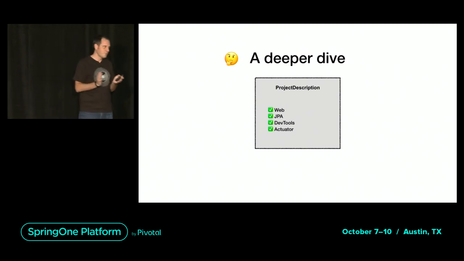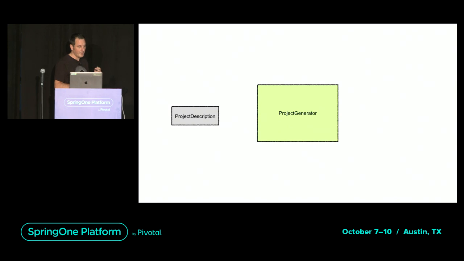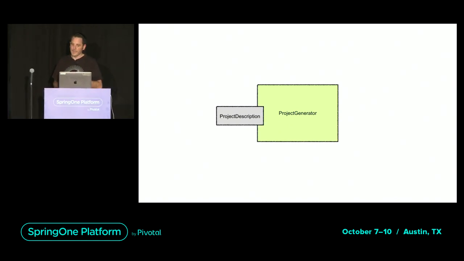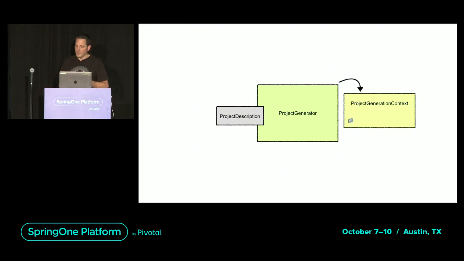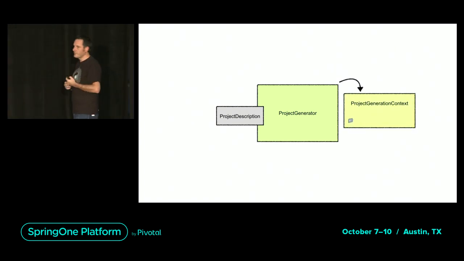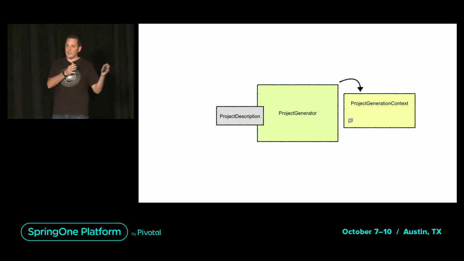It's the description of the project you want to generate. That project description is going to be passed to a project generator implementation. And that project generator, and that's the context you saw in the first demo, is going to create an application context for the duration of that project generation.